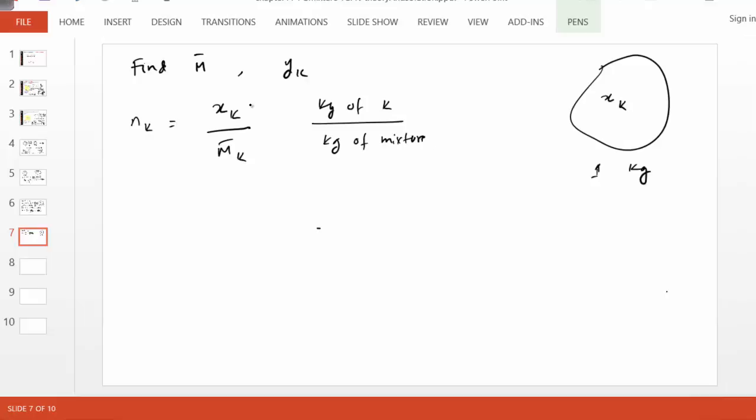That's the definition of xk, and the molar mass has the unit of kg of k per kilomole of k. So therefore, kg of k gets cancelled, and we get kilomole of k per kg of mixture.